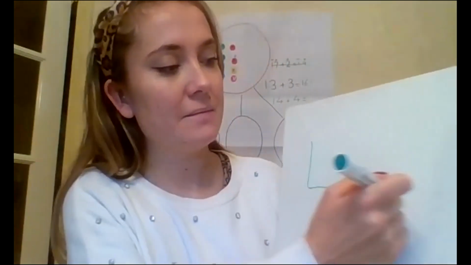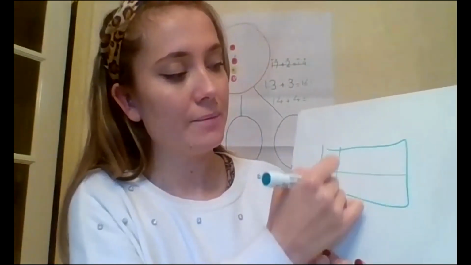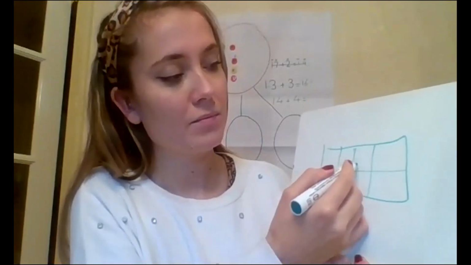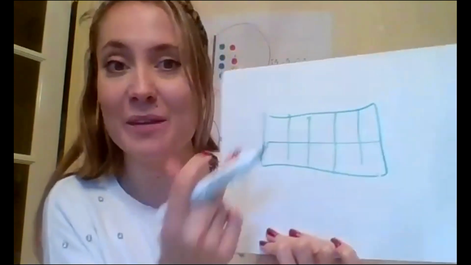If you can't find them, you can draw them on your whiteboard, the ones that look like this. They've got the 10 spaces. See if you can draw those, obviously neater than I can, or get those if they're in your pack still. Okay, let's get started.